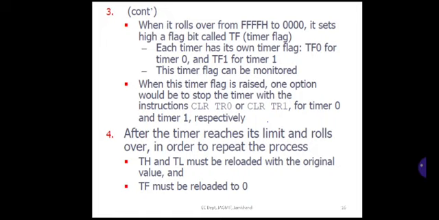There are two timer flags, TF0 and TF1. Both these bits are again available in the TCON register. So remember, it is a timer flag. Whenever a timer rolls over from FFFF to 0000, it is going to be set automatically.